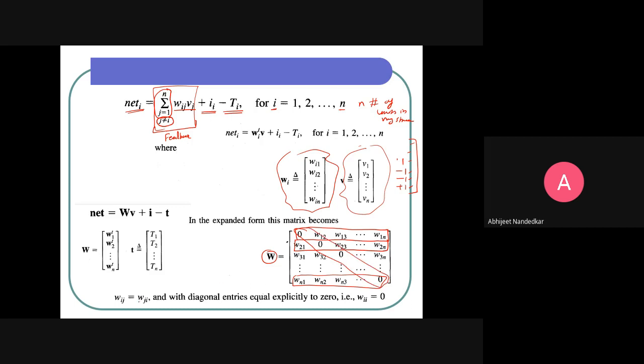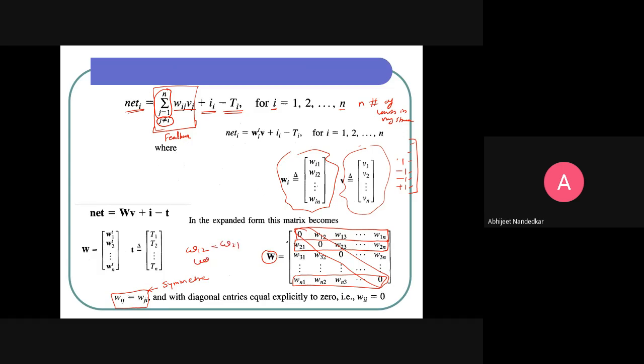So Wij is equal to Wji. This is a speciality of this network. This weight matrix is symmetric. Whatever W is, suppose I take W12, then this is equal to W21.